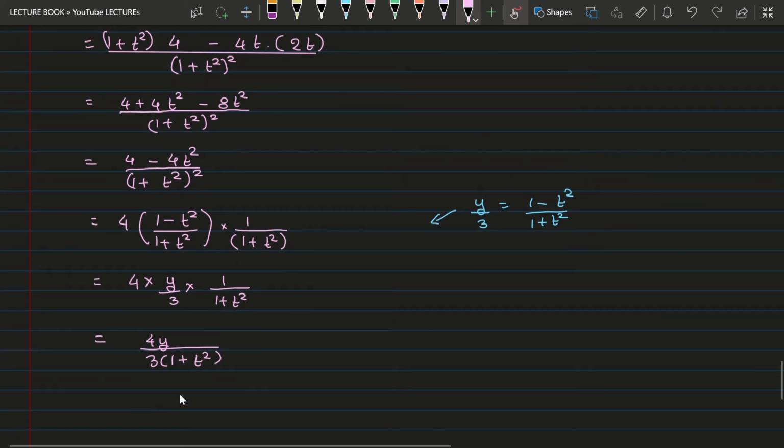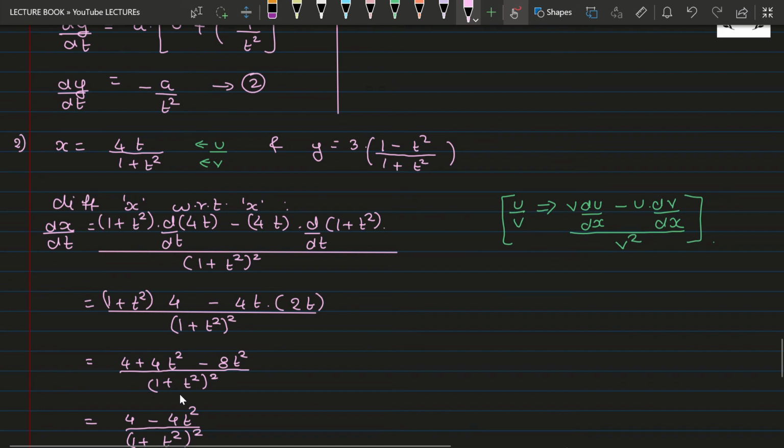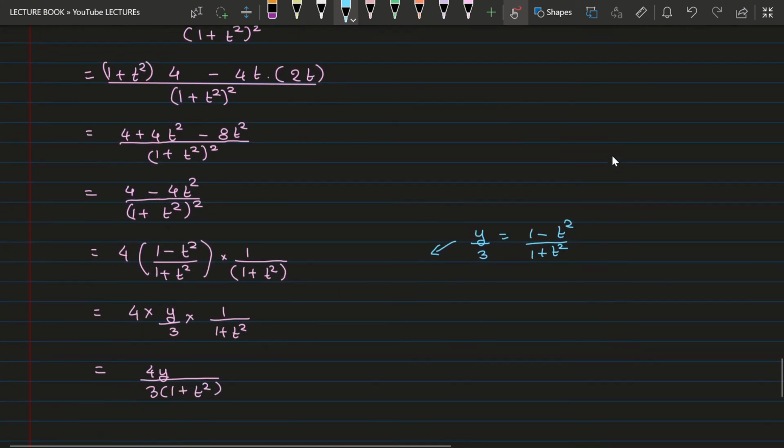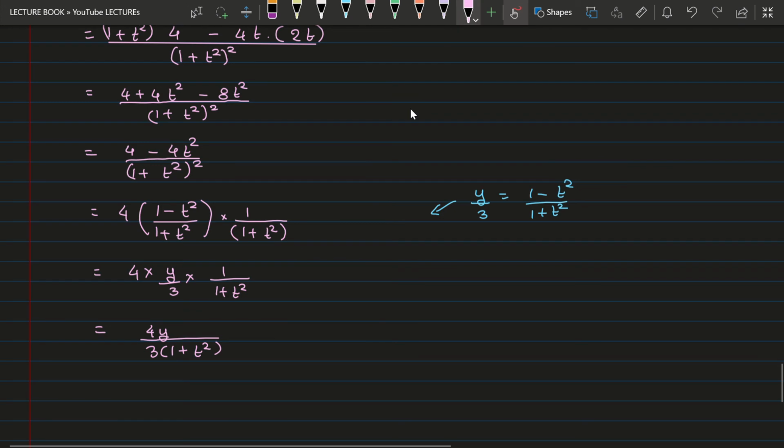Students, why are we doing like this? The reason is that we are asked to prove that dy by dx is equal to minus 9x upon 4y. So I require my answer in terms of x and y. Therefore, we have to express it in this manner. Okay? That becomes your equation 1.